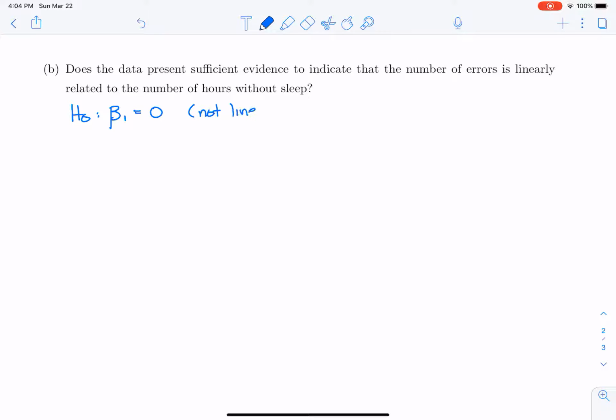So when the slope is 0, we're thinking that's not linearly related. But if the slope of our regression line is not 0, then we say that the two quantities are linearly related.